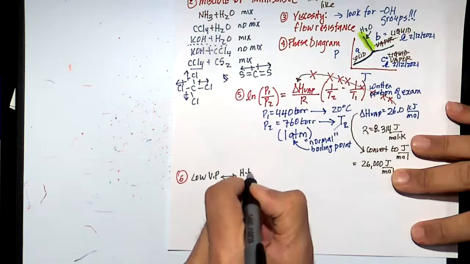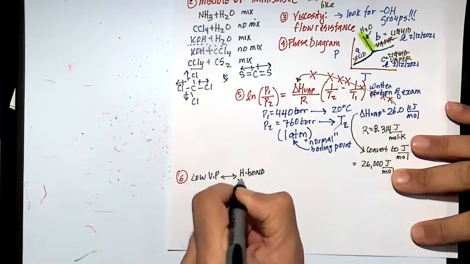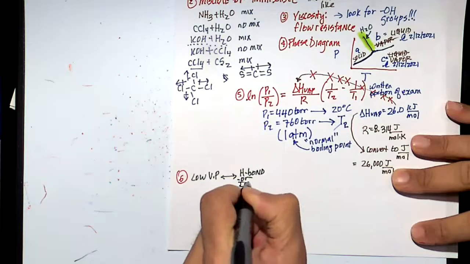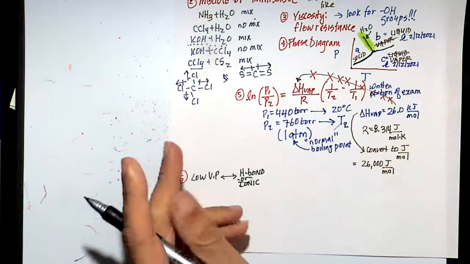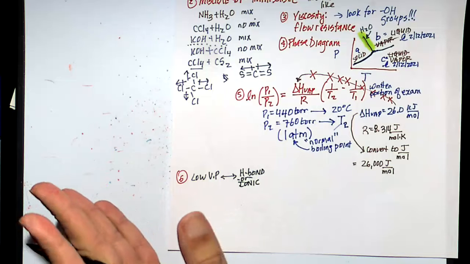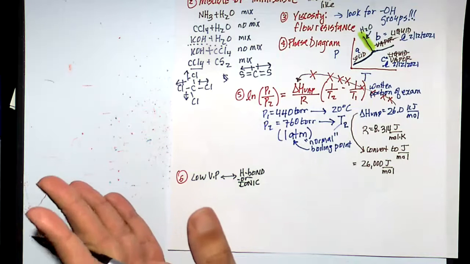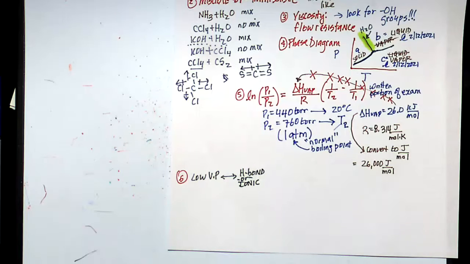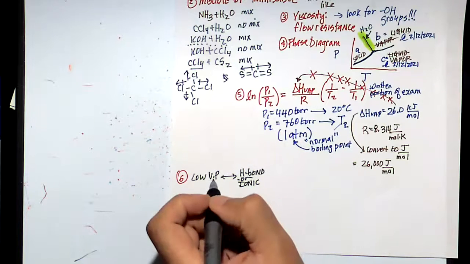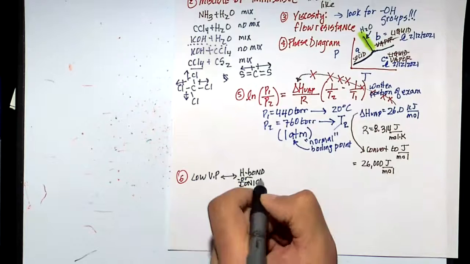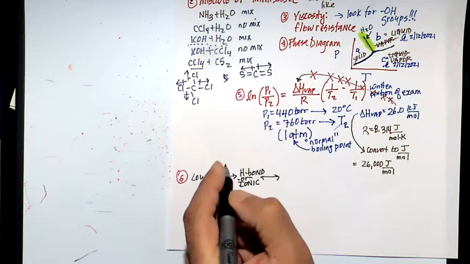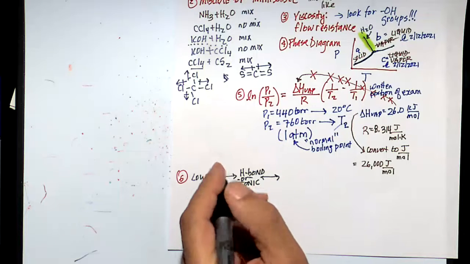So maybe something like a hydrogen bond or ionic. Something that's ionic will not really form a vapor pressure. Do you think salt, which is ionic sodium chloride, has a vapor pressure? No, it's basically a solid cubic lattice. So low vapor pressure, hydrogen bonding, basically strong intermolecular forces.